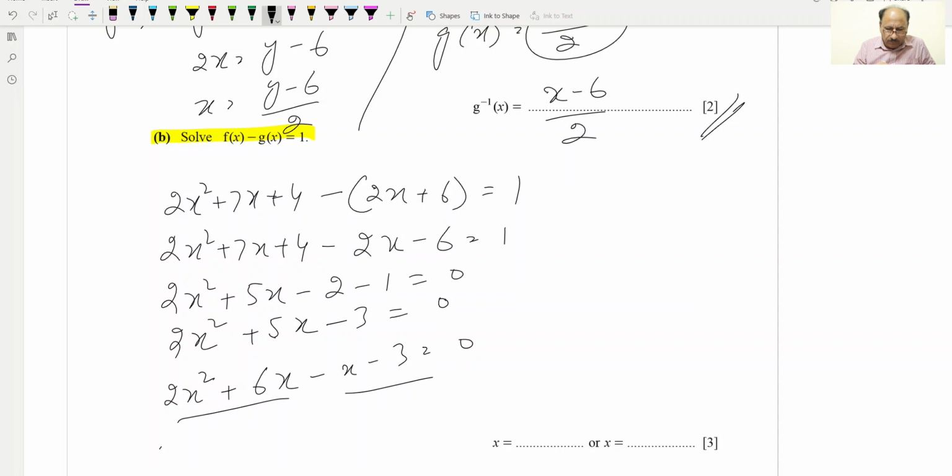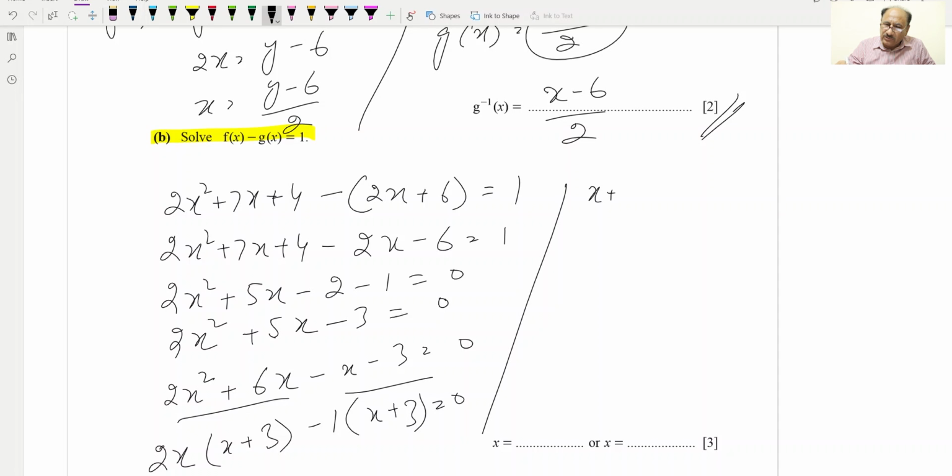In this pair, 2x is common, so inside will be x plus 3, and minus 1 common, x plus 3 is equal to 0. So we can write x plus 3 and 2x minus 1 is equal to 0. This implies x plus 3 is equal to 0, or 2x minus 1 is equal to 0.